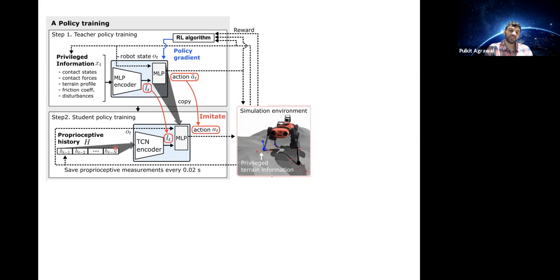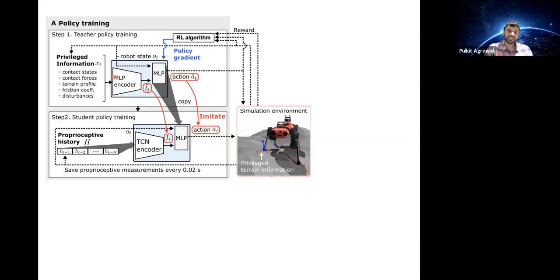So now what they do is, they say, I can measure proprioceptive information at previous n time steps, and we're going to use that as a state representation, put that into a neural network, and then predict the action which the teacher policy learned.